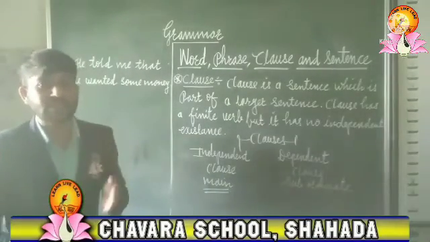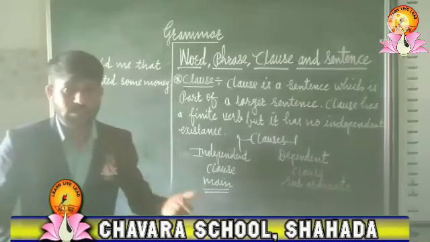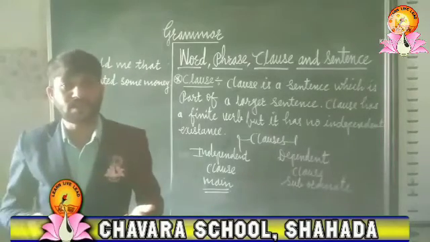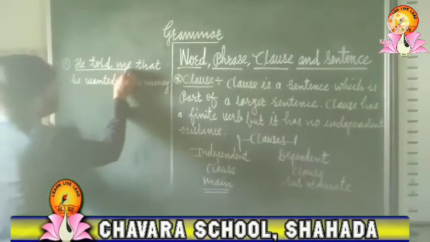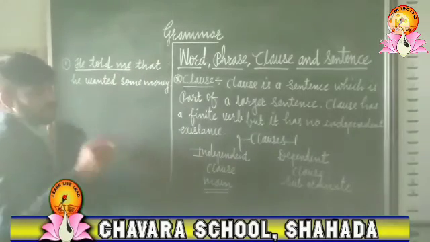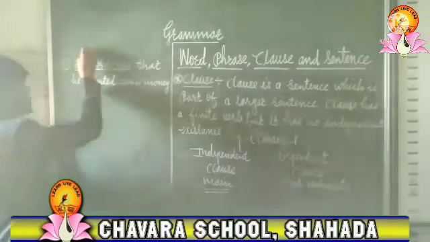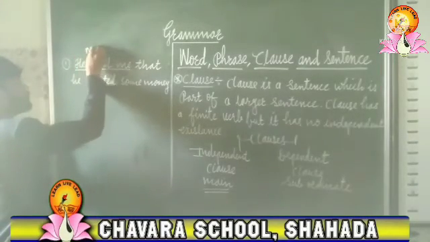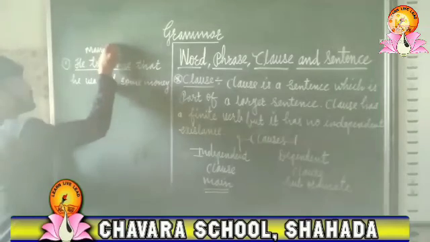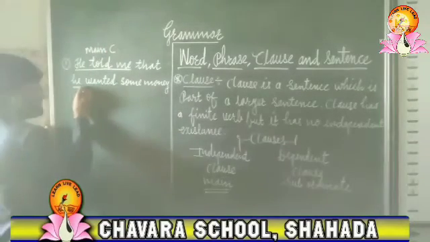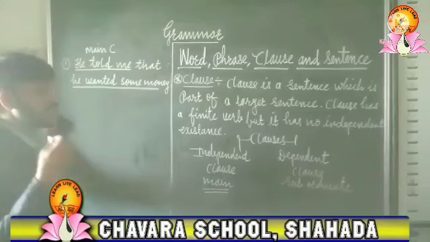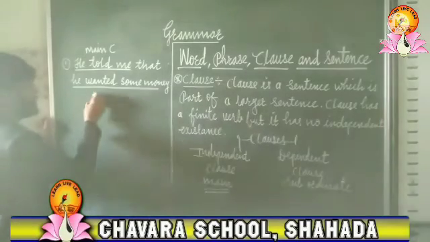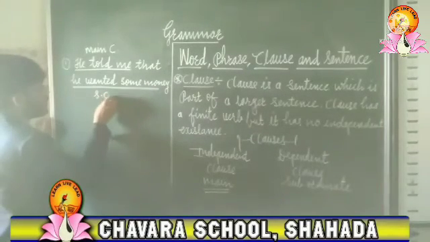In this sentence, we can see there is a main clause and a subordinate clause. He told me is the first clause, that is the main clause. And he wanted some money is the second clause, that means the dependent clause, that is the subordinate clause.